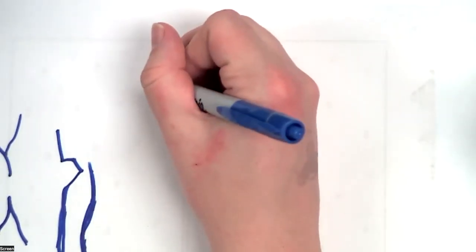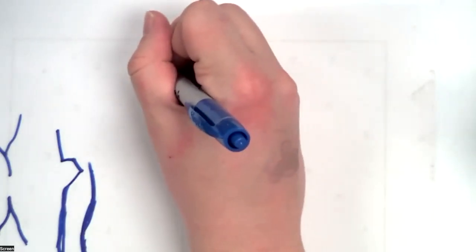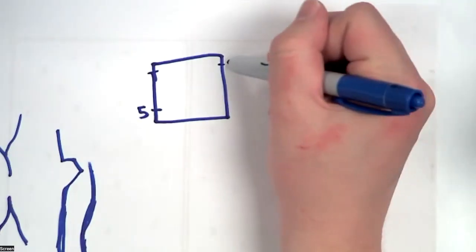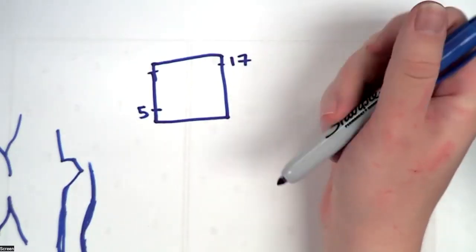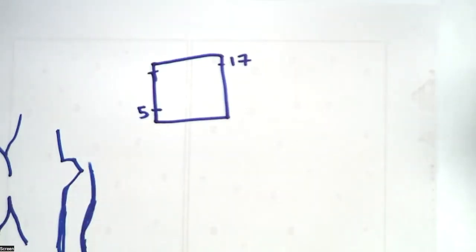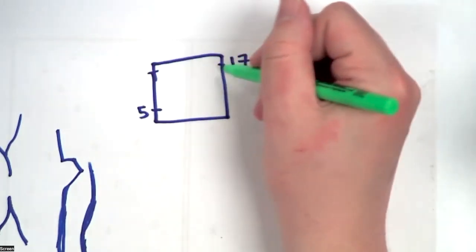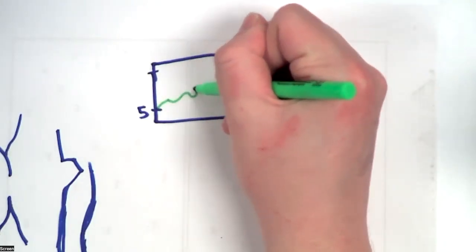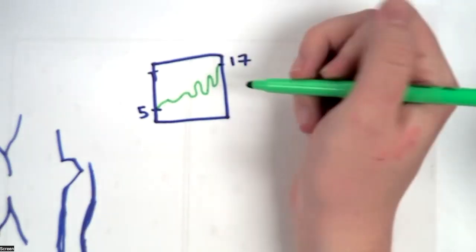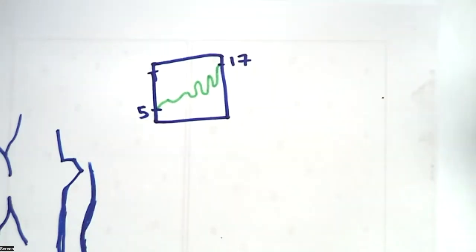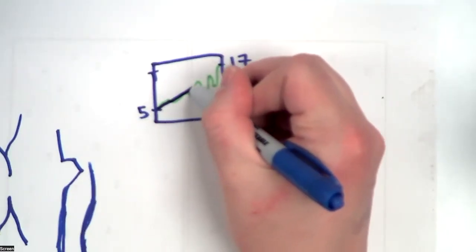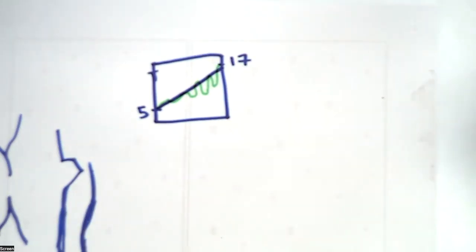What I mean by this, if I were to have a graph with 5 being down here and 17 being up here, I could, in theory, get from 5 to 17 without going way up there beyond 17. I could have a weird pattern like this where I keep going up and down. That's not a nice, gradual, steady rate. So we assume a direct linear path between those two.